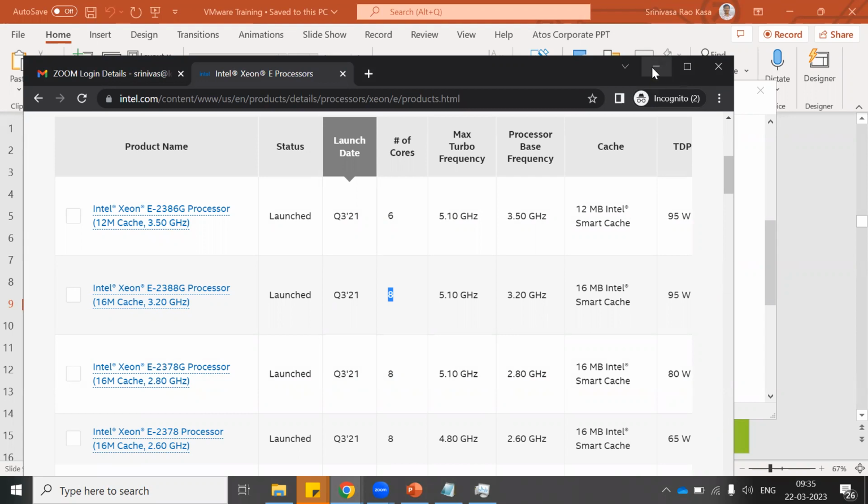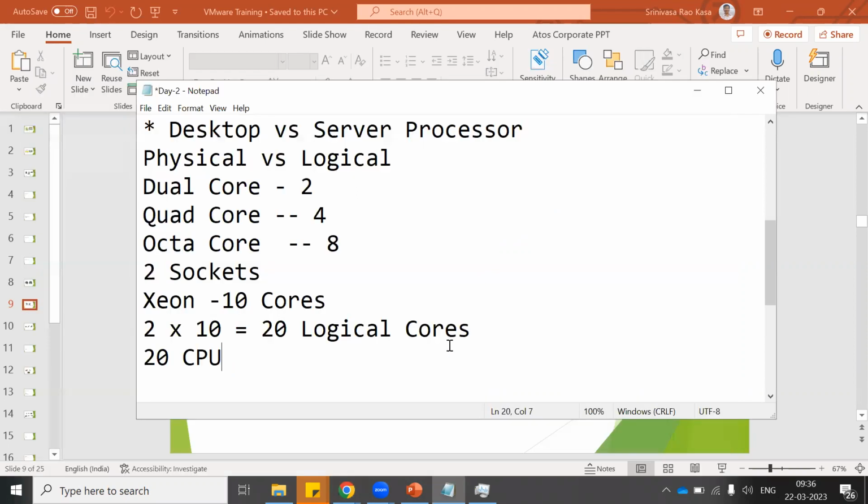Now, if you count the total CPU capacity, in this particular example, this is the base frequency of each core, for example, 3.5 gigahertz. So I need to multiply across these two sockets, both the same processor, 20 cores into 3.5 gigahertz. That much CPU is the total capacity.